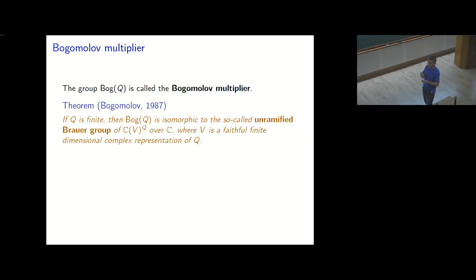Then you localize that, so you get a field of functions over V, right? And then Q acts on this field because Q acts on V, and you say that Q acts on C trivially. So you take a look at the fixed field, and well, there is something which is defined like this, the unramified Brauer group. I'm not going to go into details because it's too complicated to explain.